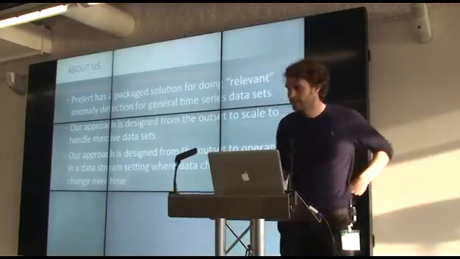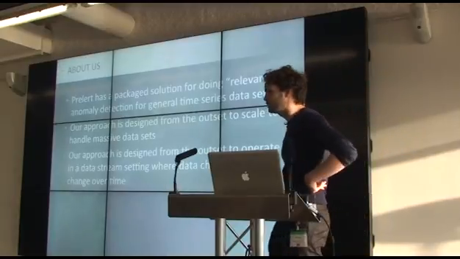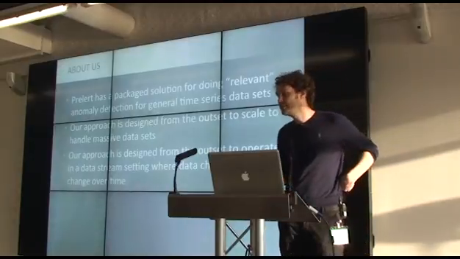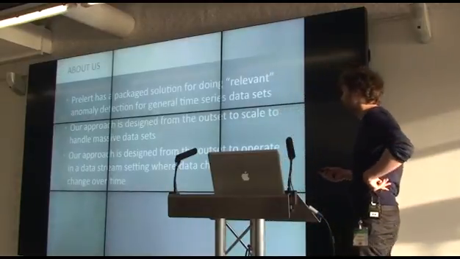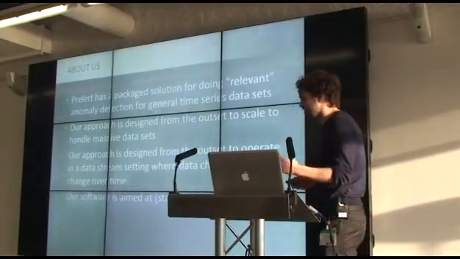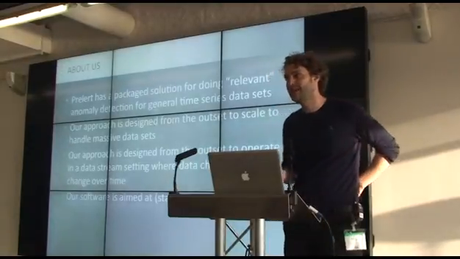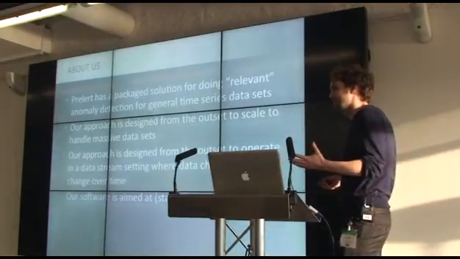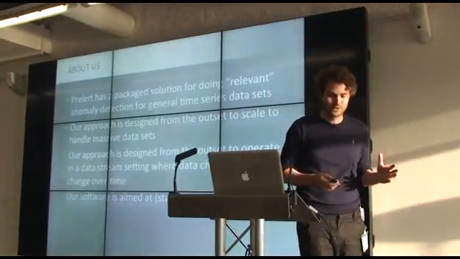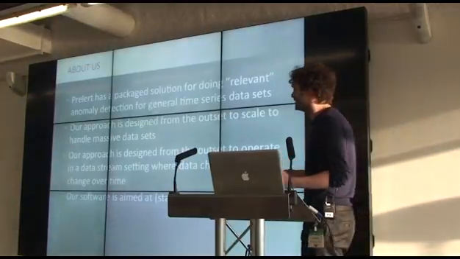That means you're getting data sent to you all the time. It might or might not be stored as well, but we don't assume it has to be stored, and its characteristics typically change over time. Also, finally, our software is aimed at statistical lay people, so we can't present them with things that are difficult to understand. We usually have to display pictures that they get and can interpret.